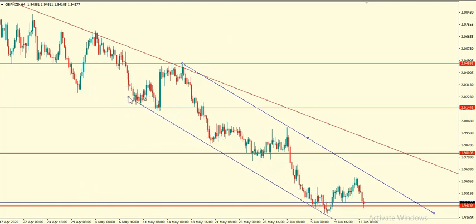Alright, so here we go. Alright, so what can we see from the 4 hours time frame now? We still have a downtrend and the channel following this downtrend.